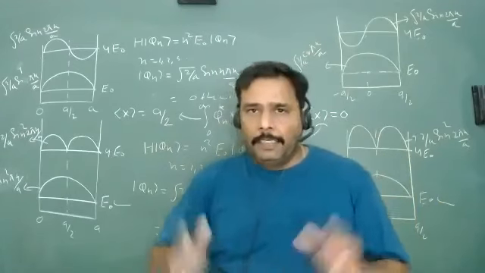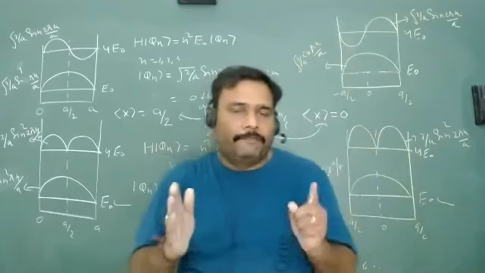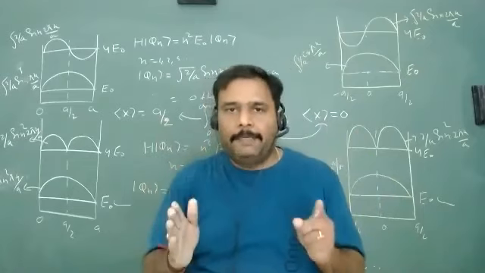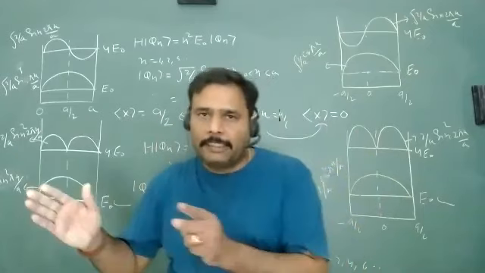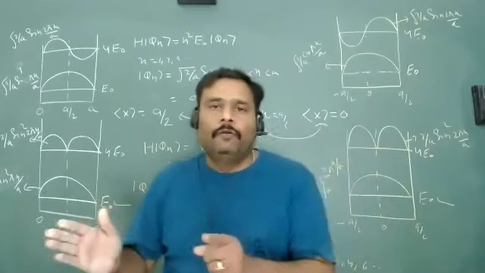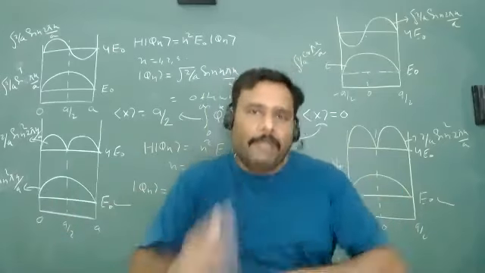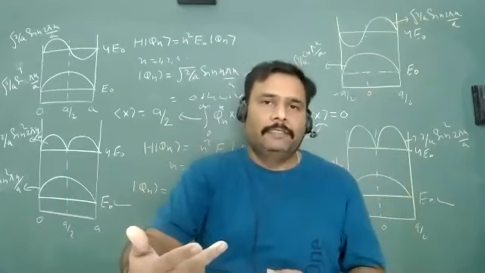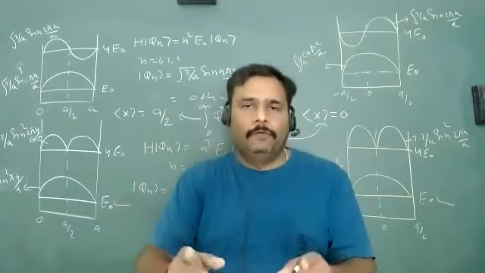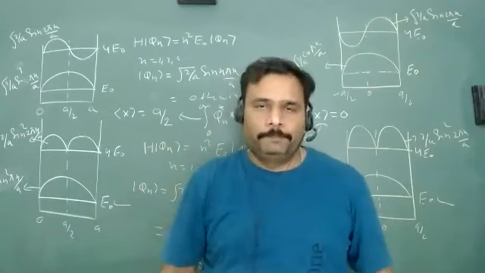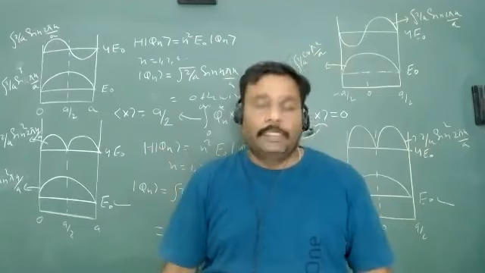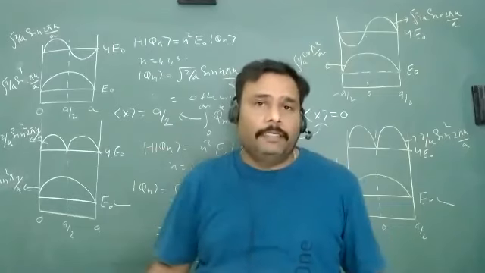So what will happen if you keep your parameter fixed, meaning your box width is the same, and you just translate it horizontally? What is going to change? The wave function is going to change, but the energy eigenvalue will remain the same. And the wave function will not change arbitrarily.